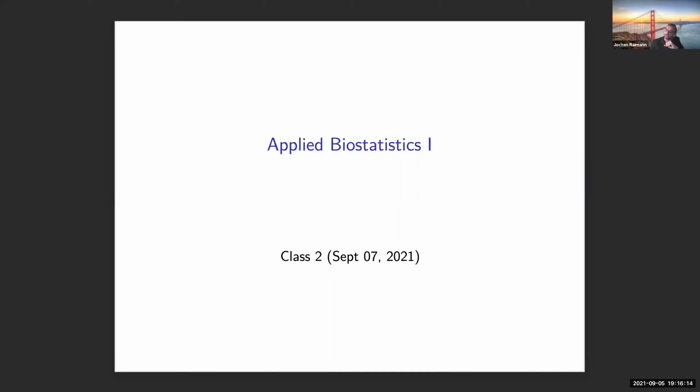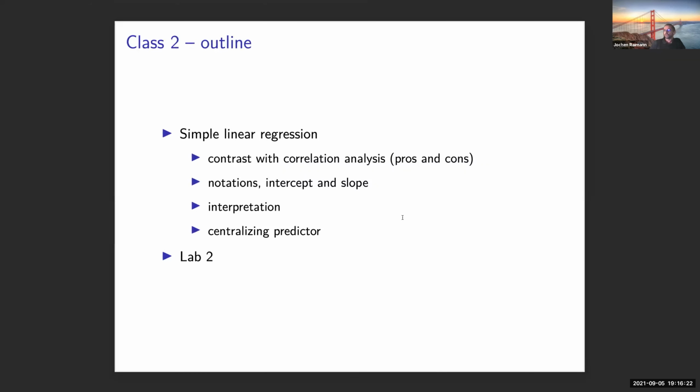So I hope you had a good week and you are ready for some more regression. Today we're going to continue our conversation about simple linear regression. We will be talking about the differences between regression analyses and correlational analyses and the pros and cons of that. We will talk about notations.